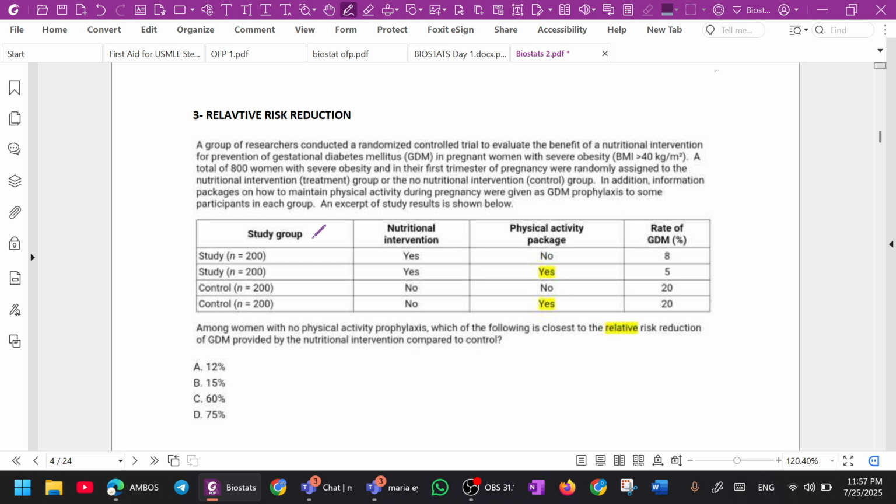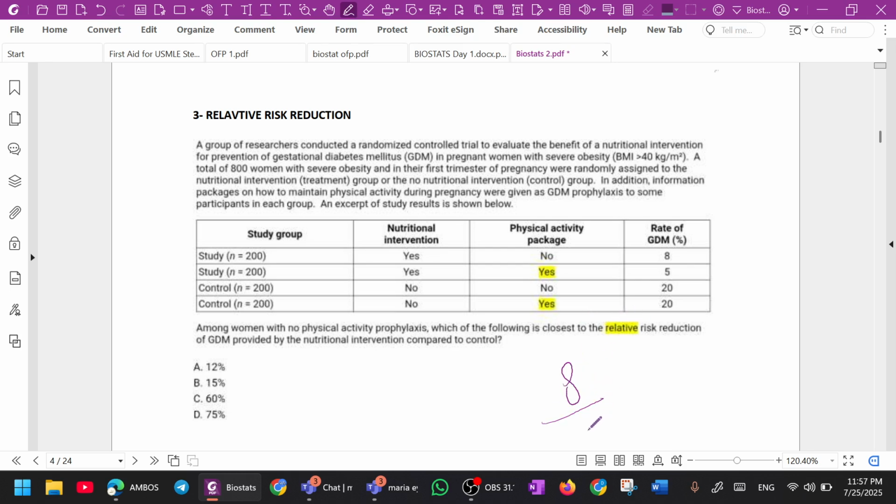Among them, no physical activity prophylaxis. So, no physical activity.